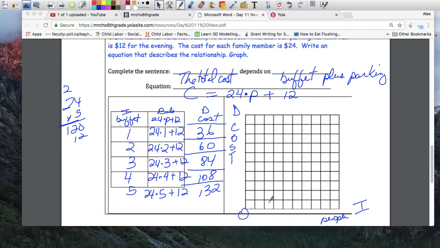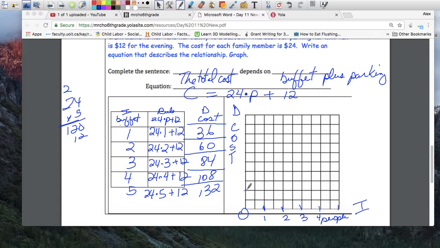So let's go 0, 1, 2, 3, 4, 5. How are we going to do this? No, we can't go 10, 20, 40, 60, 80, 100.